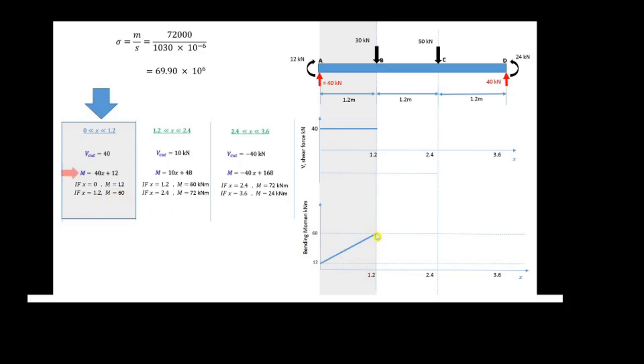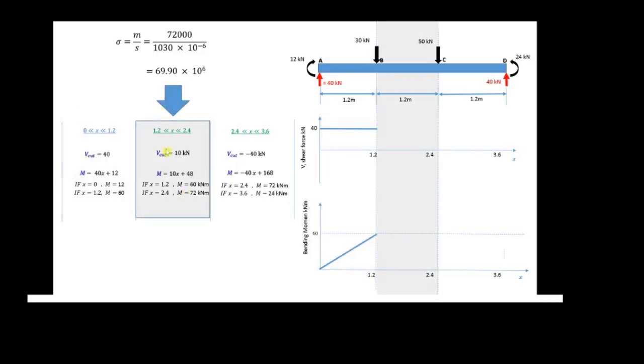Then we go to the next section, the next imaginary cut, from 1.2 to 2.4. The V cut is 10 kilonewton. So we draw a straight horizontal line at 10 kilonewton here. So what happened to our bending moment diagram?